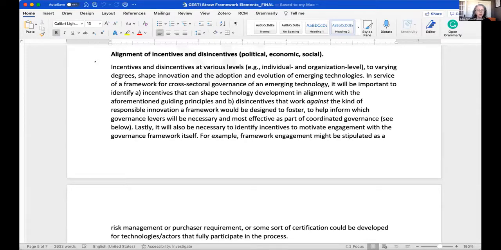We felt it's important not only to identify incentives that can shape tech development in alignment with the guiding principles, but also the disincentives that work against the kind of responsible innovation that a framework would be designed to foster.